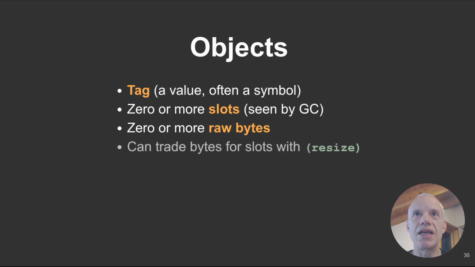One important thing is that for a given object, if you don't change the total size, that is the tag plus some bookkeeping plus the slots plus the raw bytes, you can trade in bytes and get more slots, or trade in a slot and get more bytes. This is done using a resize operation, which does not require a reallocation because the object can stay in the same position, so all references to the object remain valid.